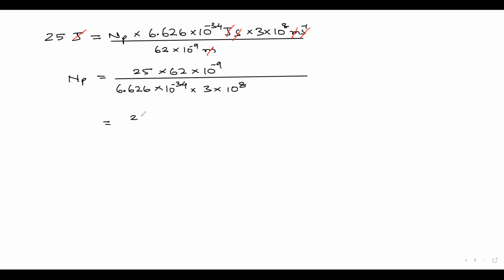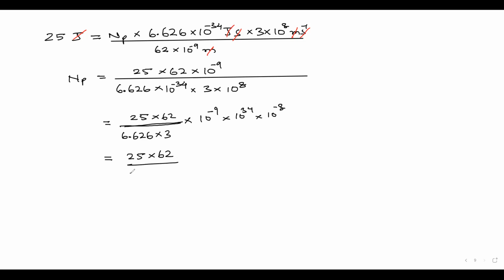This will be equal to 25 into 62 divided by 6.626 into 3 into 10 to the power minus 9 into 10 to the power plus 34 into 10 to the power minus 8. So this is 25 into 62 upon 6.626 into 3 into 10 to the power 17.